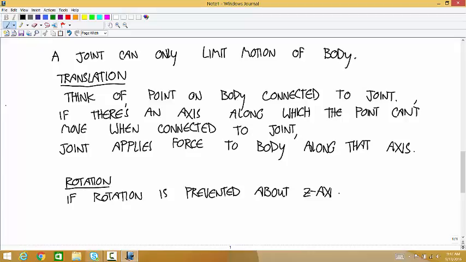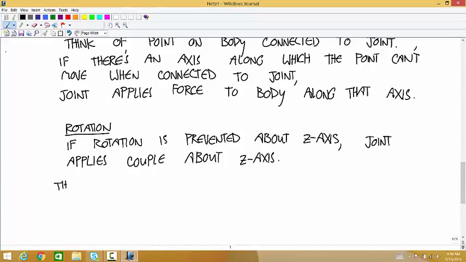So if rotation is prevented about the z-axis, then the joint applies a couple about the z-axis. And the big picture idea is that these reaction loads are what limit motion of the body.